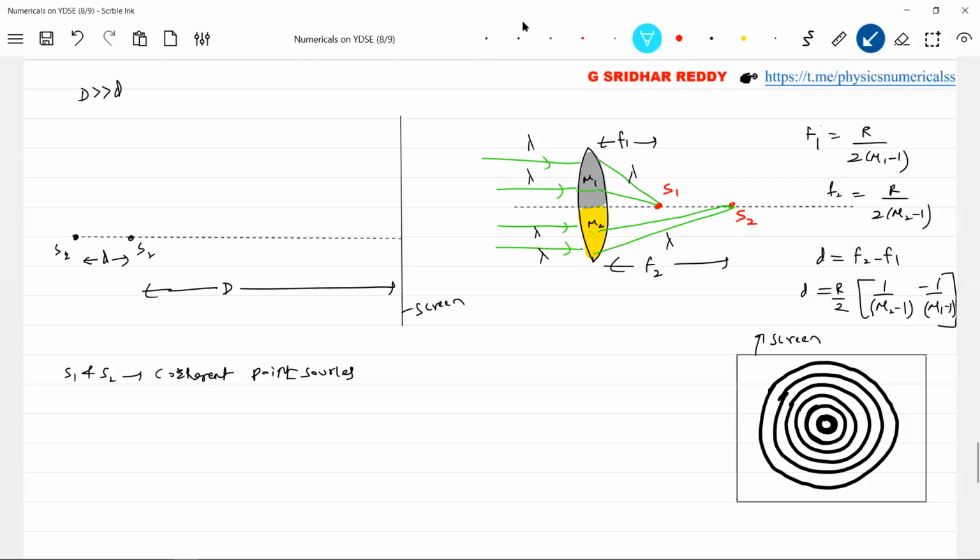Let me bring those two. Now look at this one. If this point is maxima, then on the screen you go around in a circular path of radius y.